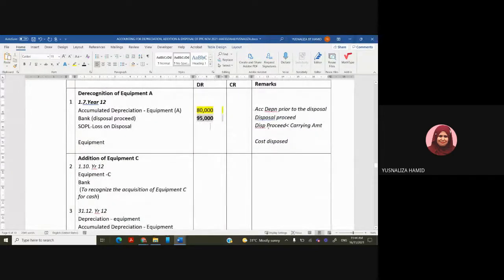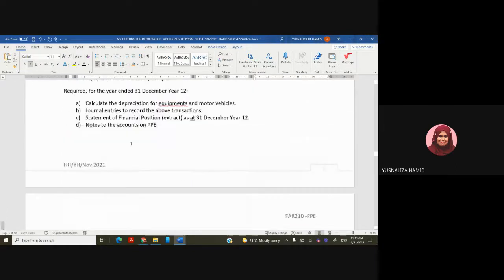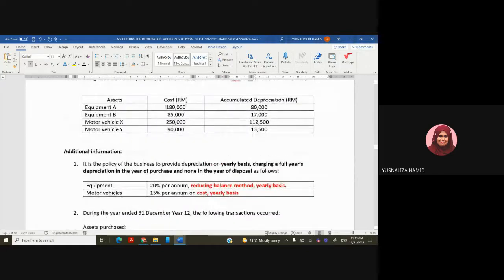And you also need to remove the accumulated depreciation prior to the disposal, and then the cost being disposed. The cost being disposed is the one that you earlier purchased. It was purchased at 180,000, right? So this one must be removed.